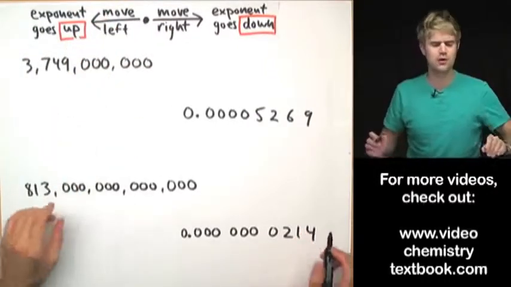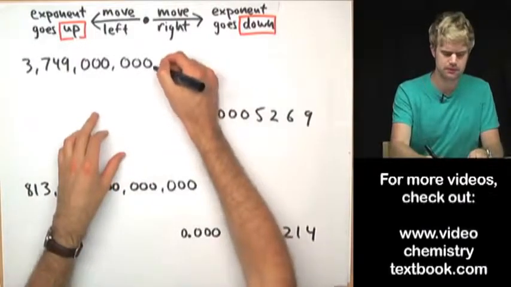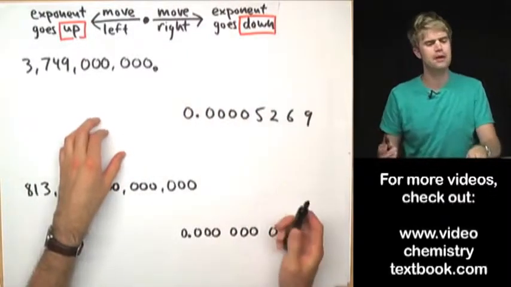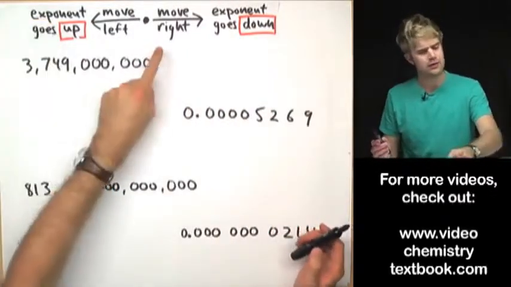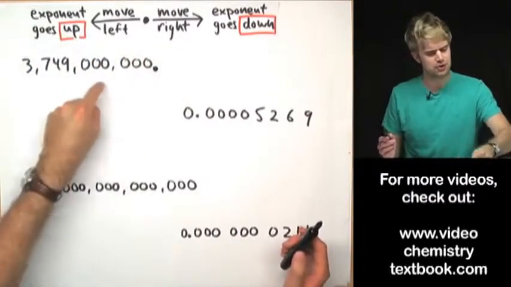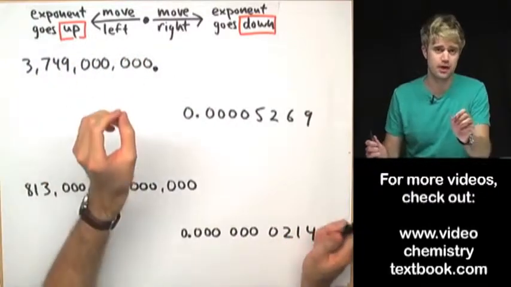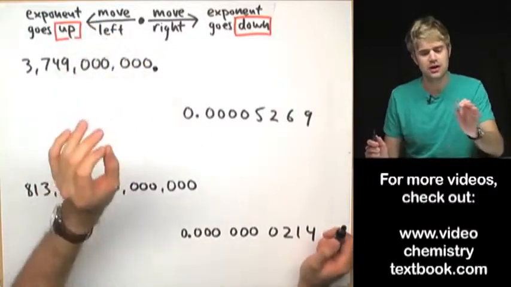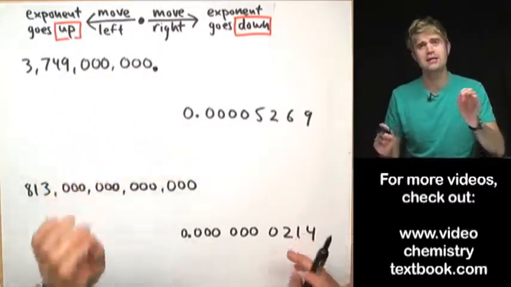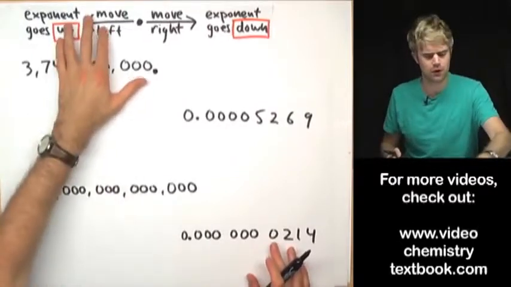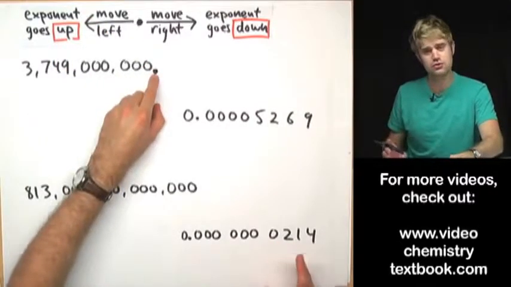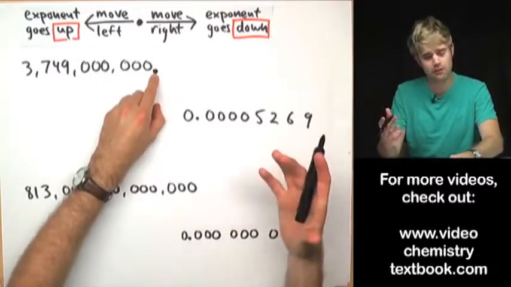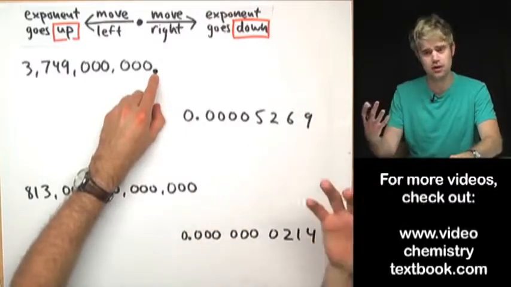Now, the first thing that I want to do is find out where the decimal place is. The decimal place is here. I'm going to keep in mind that when I move my decimal left, the exponent goes up. Now, I think it's easiest to think about starting at 10 to the 0. When the decimal place is right here, the exponent part of the number is 10 to the 0.